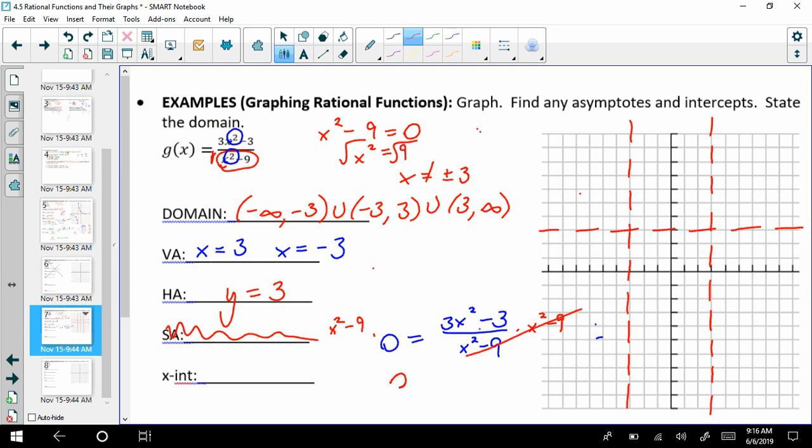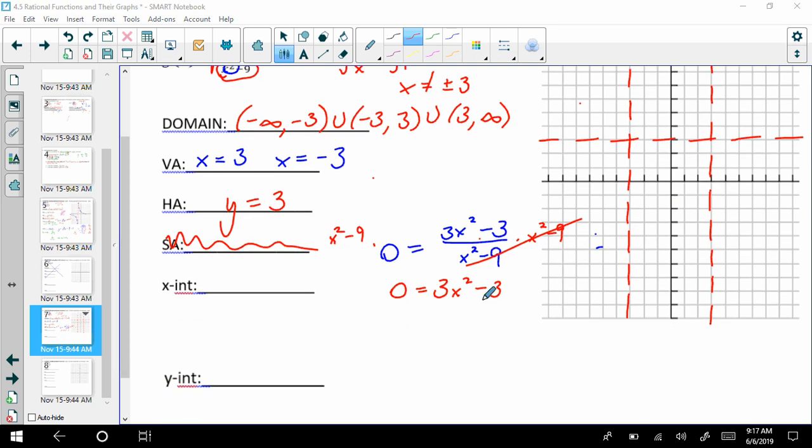Anything times 0 is still 0. Now I would add 3. To cancel out the multiplication, we can divide. So I get 1 equals x squared, and then the last step would be to get rid of the square, so we'll square root.